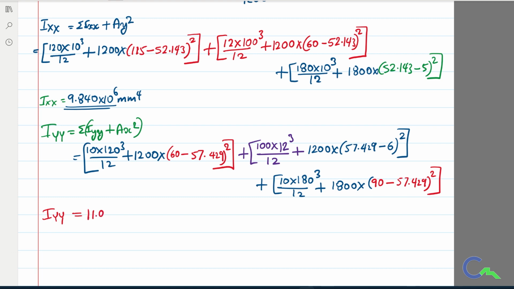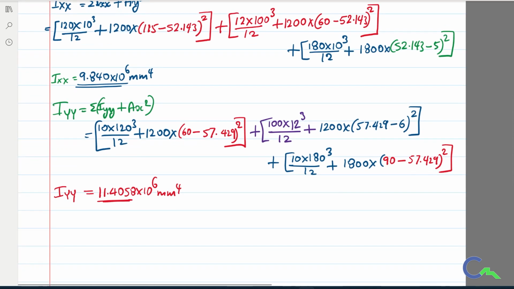So if you do this calculation, I'm going to get Iyy is equal to 11.4058 into 10 to the power 6 millimeter to the power 4. So the problem is not over. They ask for the radius of gyration. If I want to get the minimum radius of gyration, I have to use the minimum I value.